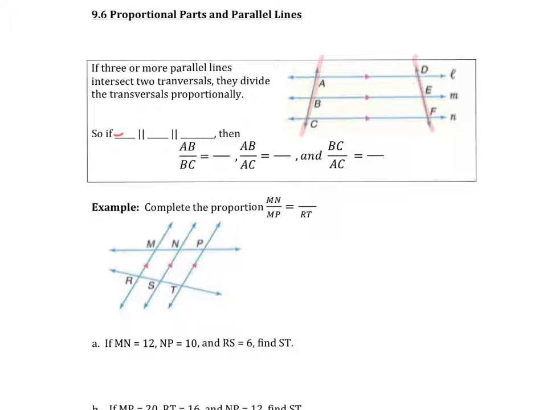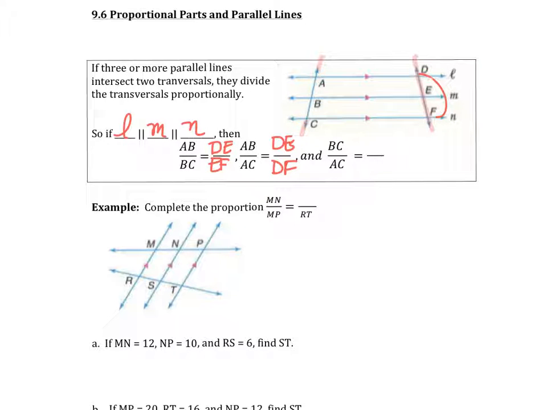So if line L is parallel to line M and parallel to line N, so three lines are parallel to each other, then AB over BC is equal to DE over EF. Also, AB, so this short part, over the whole part, AC, is equal to DE over DF.